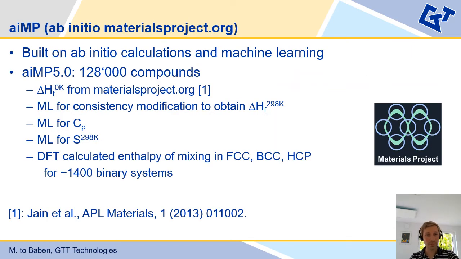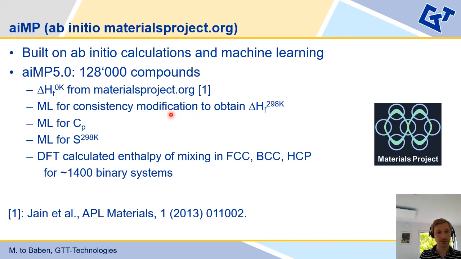So AMP, the Ab Initio Materials Project database that's developed by us and built on ab initio calculations and machine learning models, is also receiving a major update this year. AMP now contains 128,000 compounds. We take the enthalpies of formation from materialsproject.org, and then we now have a machine learning model on the consistency modification to make the data as consistent as possible with our existing databases in FactSage in terms of their enthalpy of formation at room temperature.